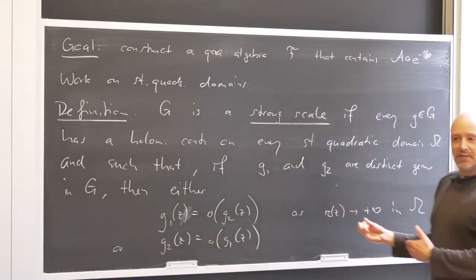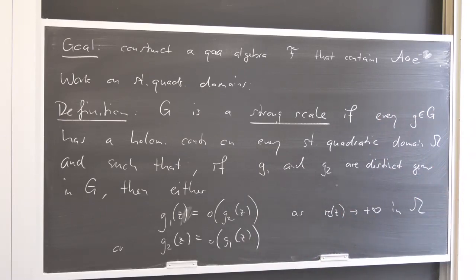In other words, these monomials make sense to talk about asymptotic expansions on the entire standard quadratic domain.